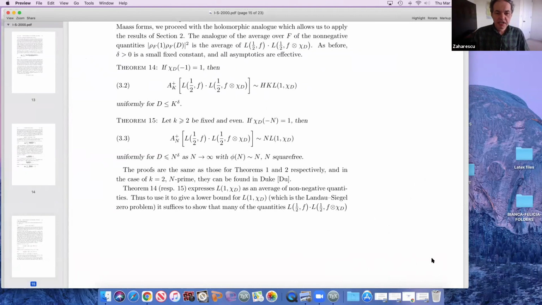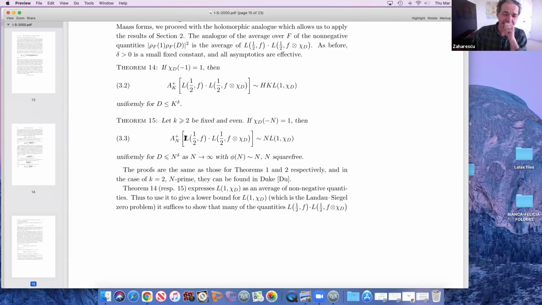All right. And no time to go over more of the paper, but they look at two different families. And one of them is this one.